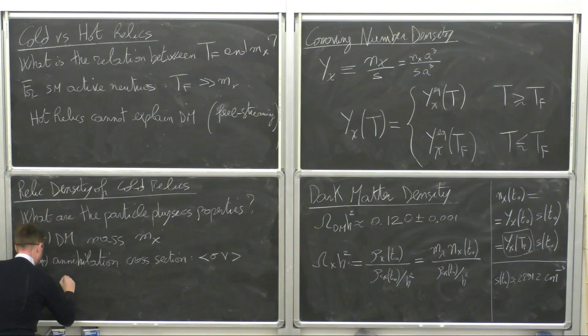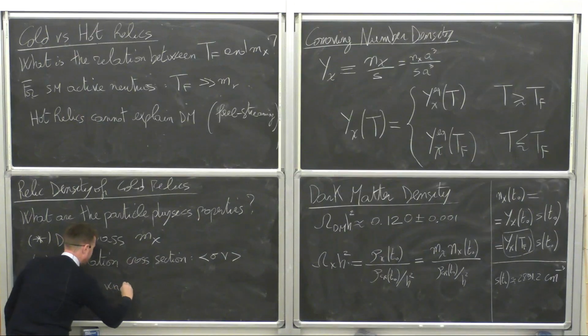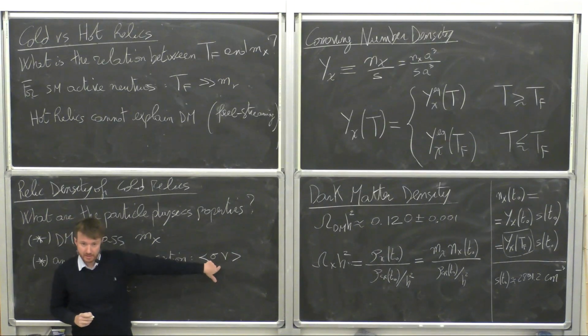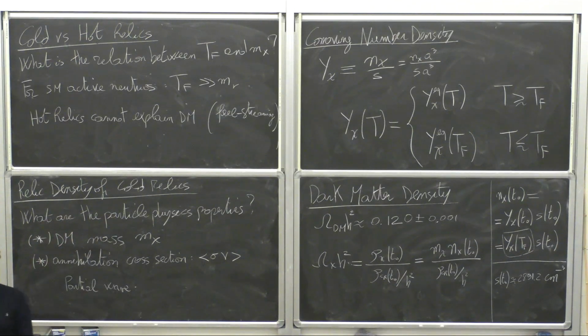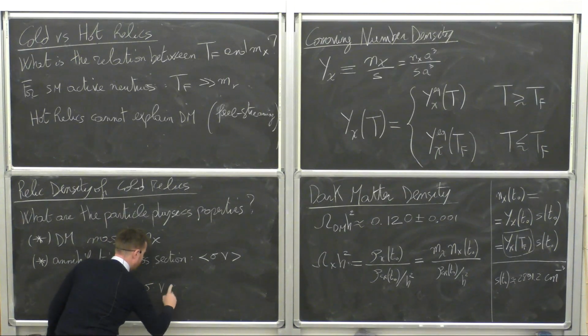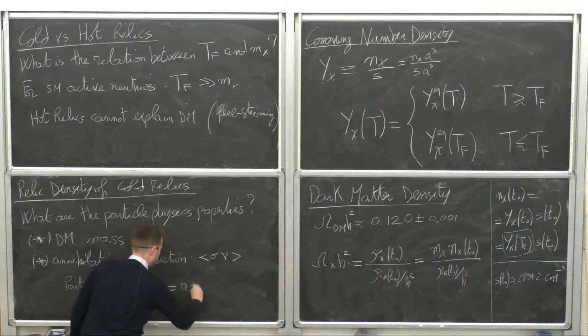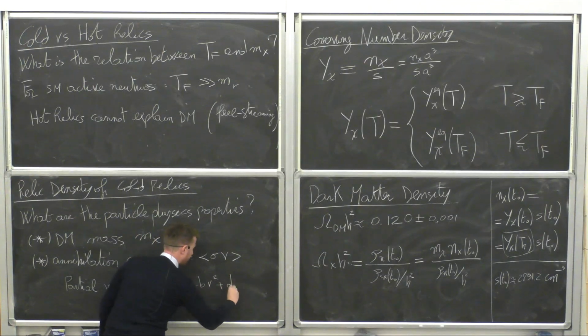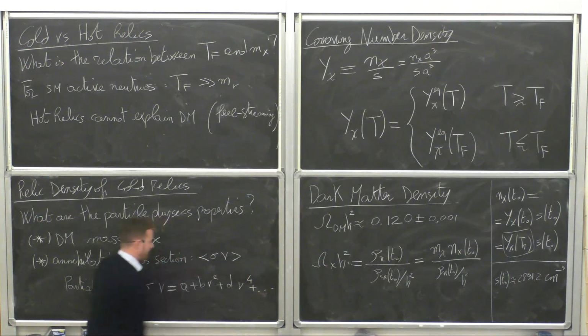We will evaluate this quantity in the non-relativistic limit, when the energy of the dark matter particles is less than the mass, because the temperature is below the mass. In other words, v is much less than the speed of light. Of course this approximation is not needed, you can also keep the full velocity, but it introduces you to this well-established technique.